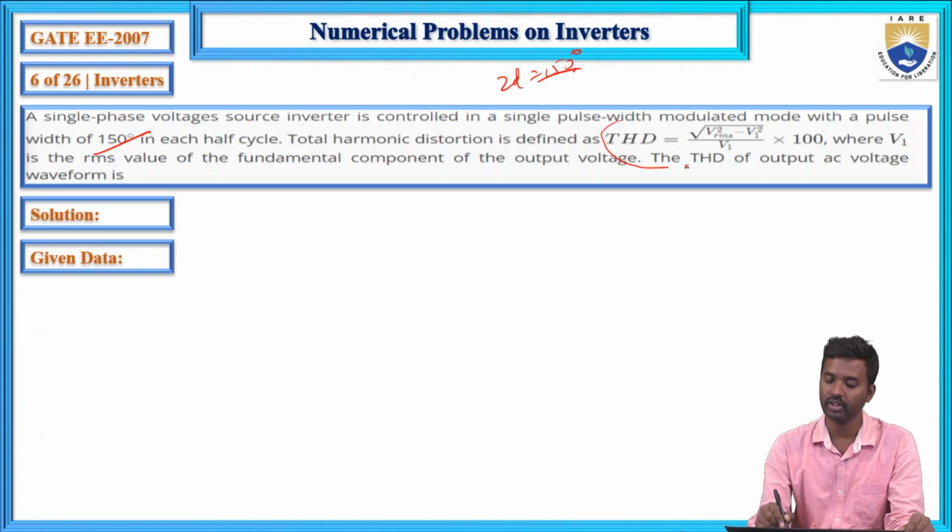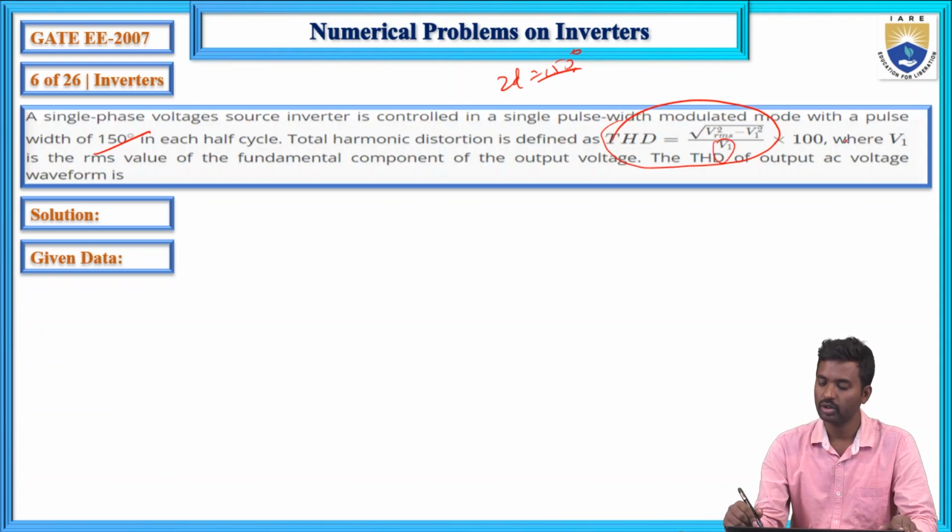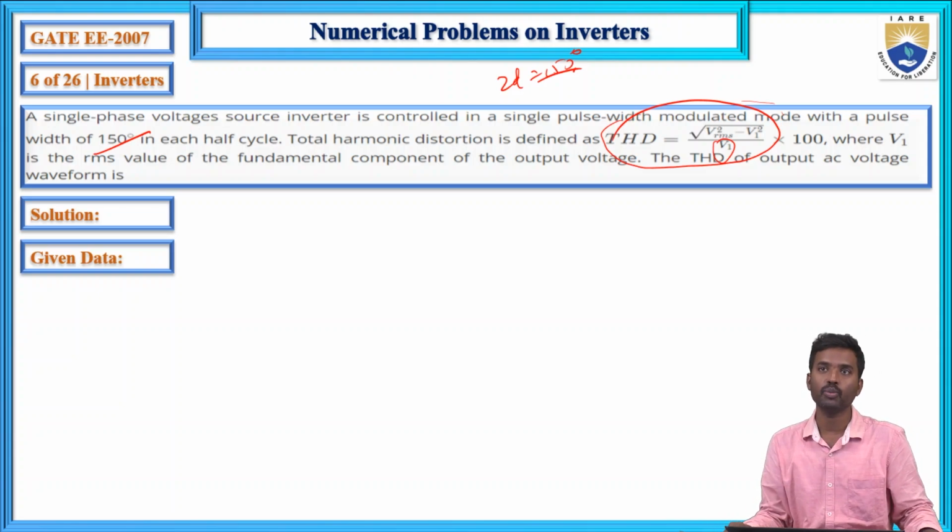The definition of THD equals square root of Vrms square minus V1 square, where V1 is the fundamental, divided by V1, into 100. This is the THD, total harmonic distortion, where V1 is the RMS value of the fundamental component of the output voltage.